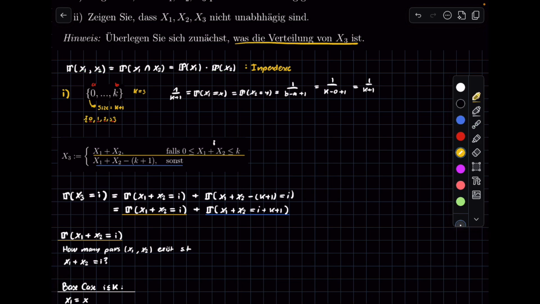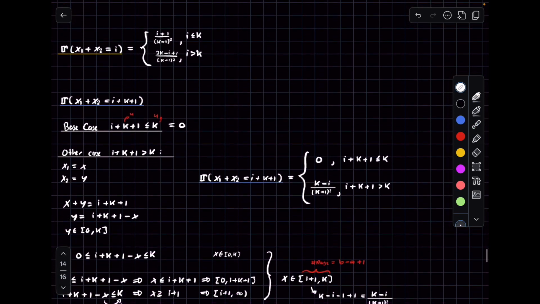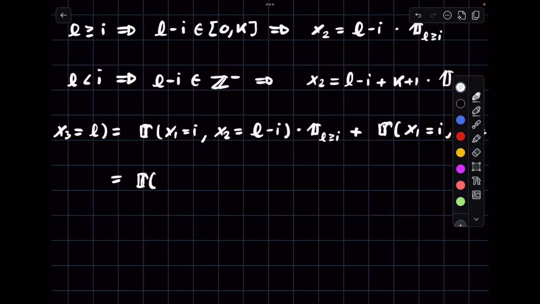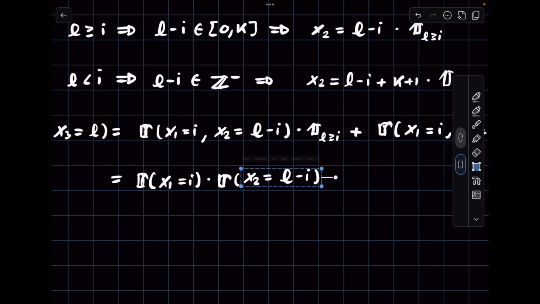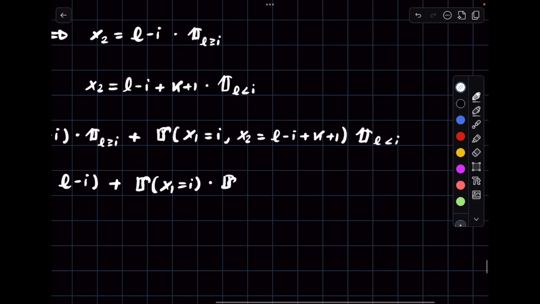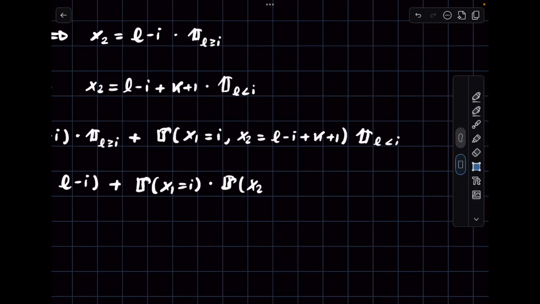Thus, we can write the probability of x1 times the probability of x2 plus the probability of x1 equals I times the probability of x2 equaling all of this.